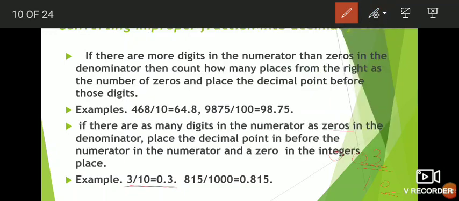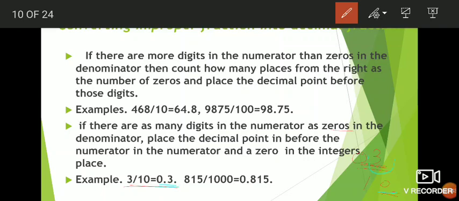Then we count only 1 digit, since 1 zero is there, so we place the decimal point before only 1 digit, counting from the right hand side to the left hand side. Means here it will come 0.3.